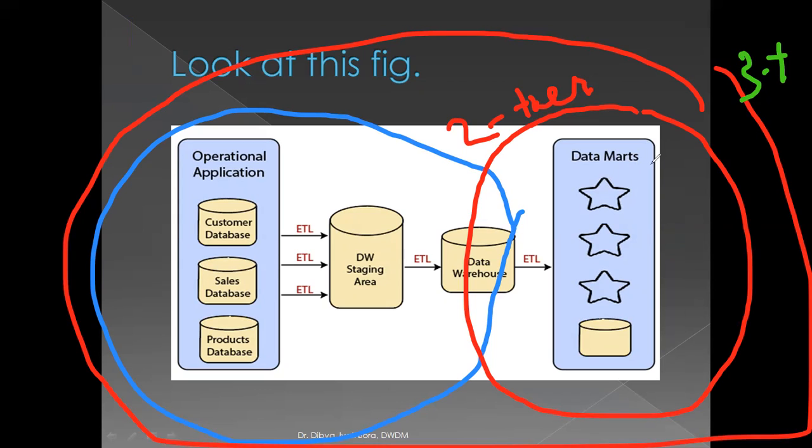And that third tier is our data mart. I don't think there is any confusion with respect to this figure. No, sir, no confusion. Okay.